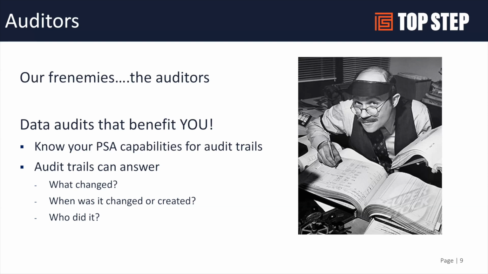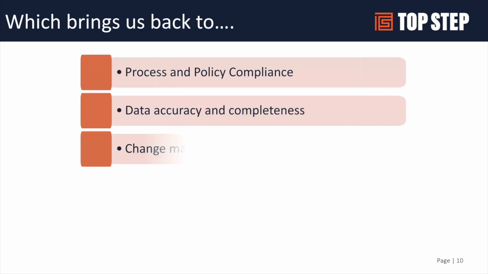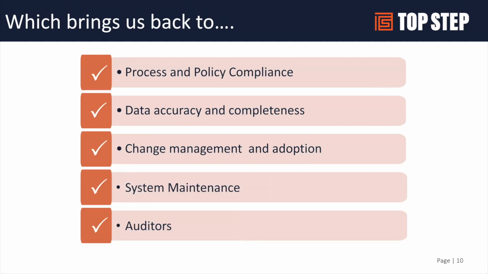What it doesn't tell us is why. And why basically comes back to our process and compliance, policy compliance, data accuracy, change management, maintenance, and auditing. So that kind of brings us full circle to where we started the presentation today.